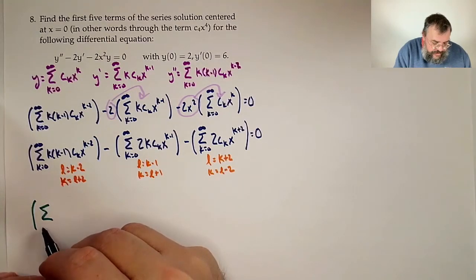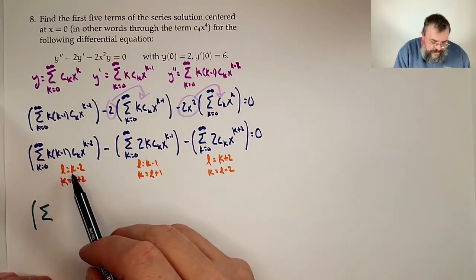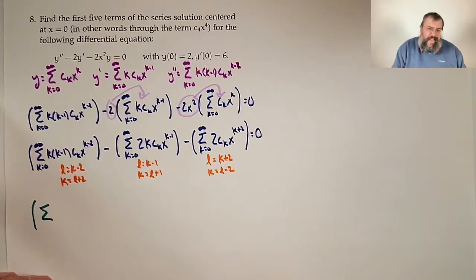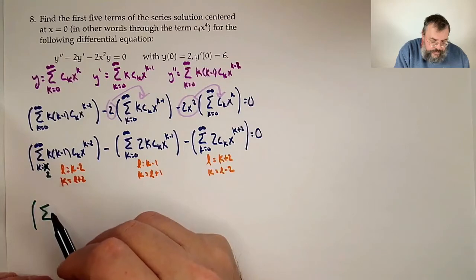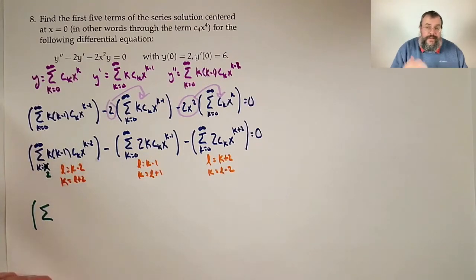You just use the symbols that you're comfortable with. Initially we started at k equals 0, but notice we're going to subtract 2, and L equals negative 2 doesn't sound right. But the nice thing is we can actually start this at 2. The reason we can start at 2 is the first two terms are automatically 0. It's like we pulled the first two terms off.